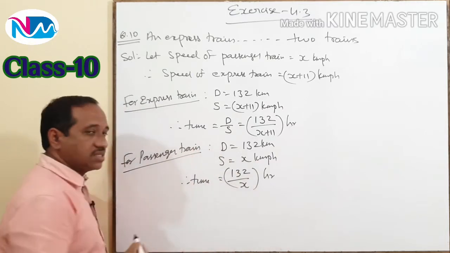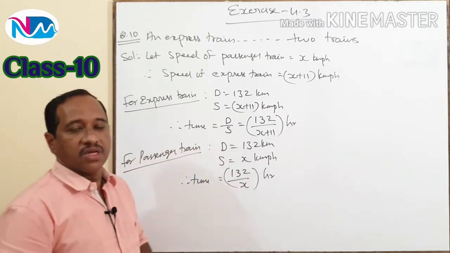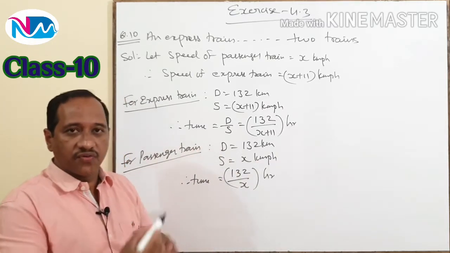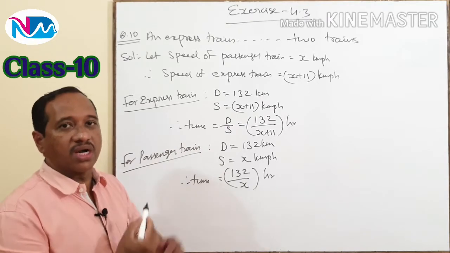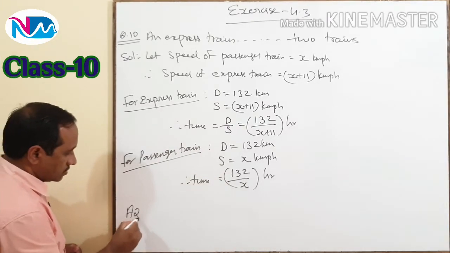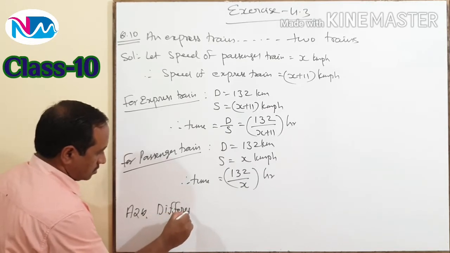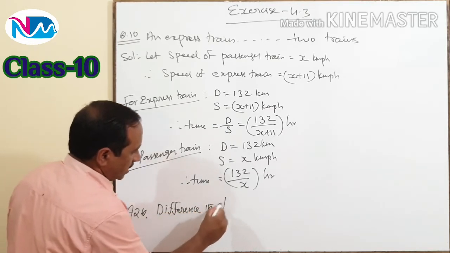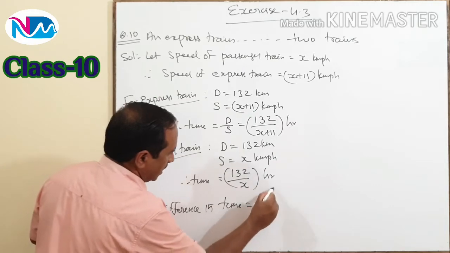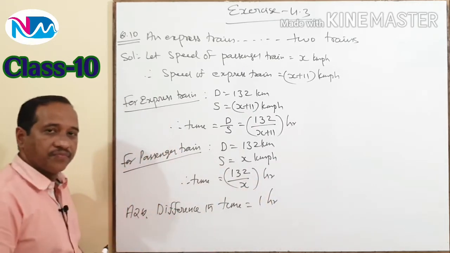That is distance by speed. Here, according to the question, the difference in time is equal to 1 hour.